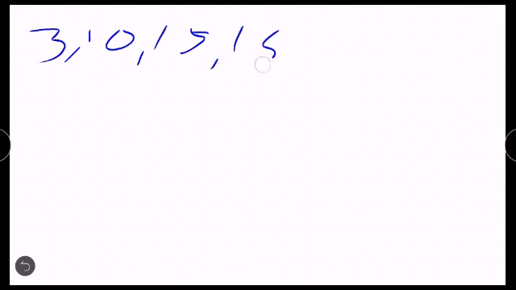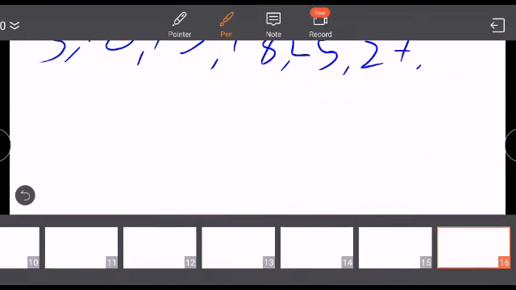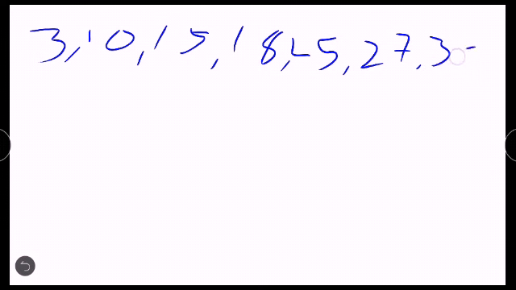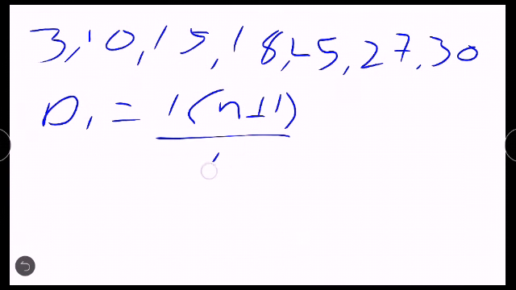Now in the same way let us find deciles. So let us take new values here: 3, 10, 15, 18, 25, 27, 30. So 7 observations are there here. So the formula for Di is equal to i into bracket n plus 1 divided by 10th observation.